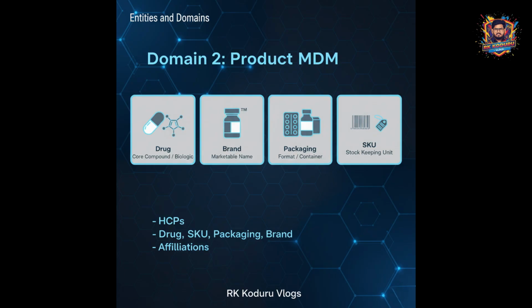And the important thing is the SKU, stock keeping unit. This is a specific sellable version that goes through your supply chain. If your product MDM is messy, your supply chain will be too. So why is product MDM important? Your sales, your supply chain, everything with respect to the product at dosage level should be mapped to the master entry of that particular product with that particular SKU and that particular dosage.